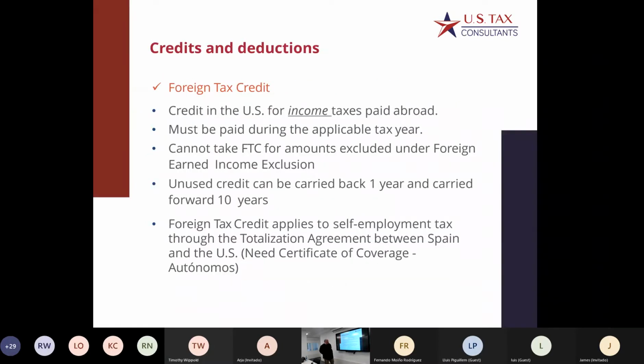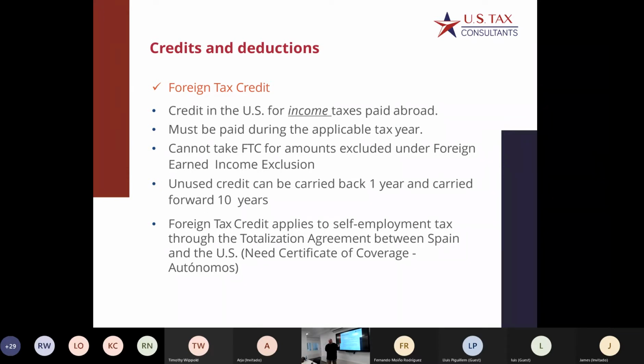The foreign tax credit is the other way to reduce your taxes in the States, which is basically to credit all the taxes that you have already paid in Spain. As you know, we pay much more taxes than you pay in the States, which normally covers all the taxes that you are supposed to pay, and your tax return in the States is normally zero. You cannot take the foreign tax credit on amounts excluded under the foreign income exclusion.